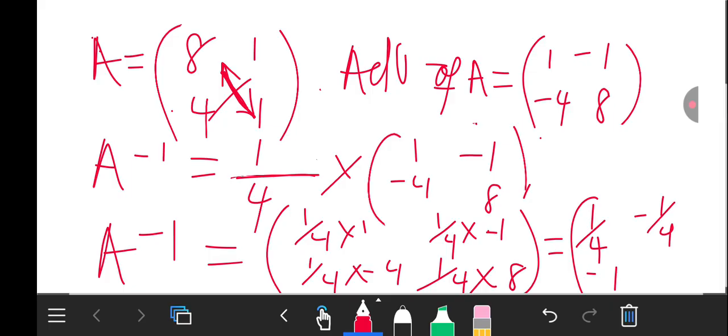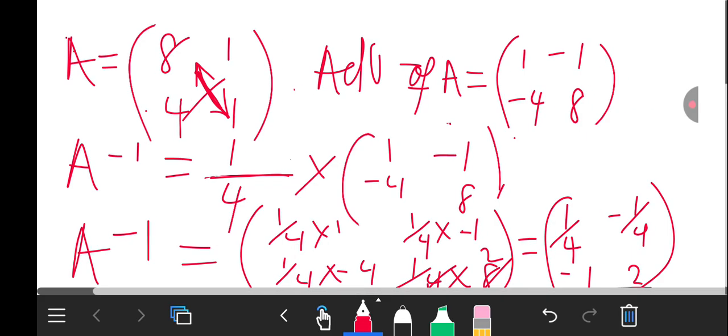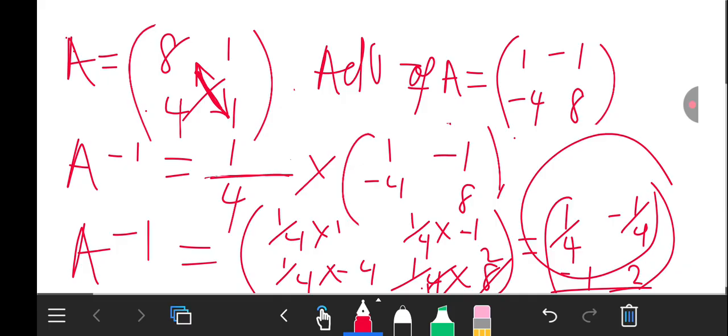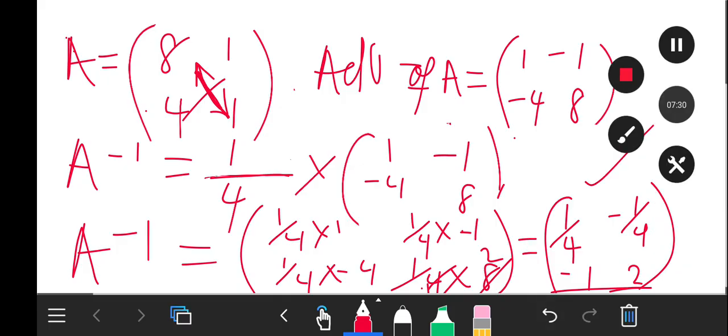Then 1 over 4 multiplied by 8: 4 into 8 is 2, so we're going to have a 2 there. So that is the inverse, that's the answer. So that's it for this session.